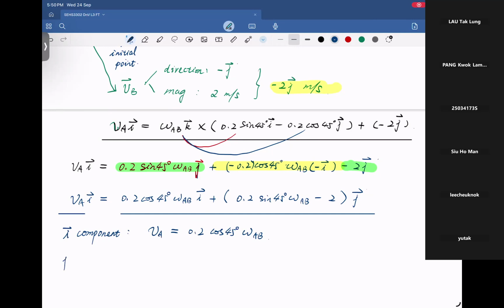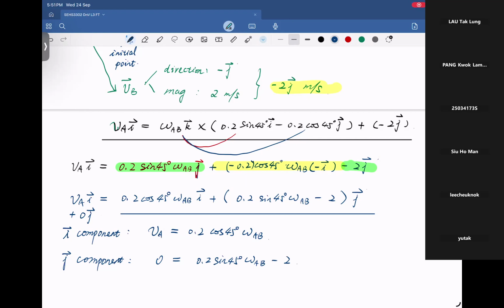For the J component, because VA I has no J, the left-hand side is 0J, so 0 equals 0.2 sine 45 omega AB minus 2.